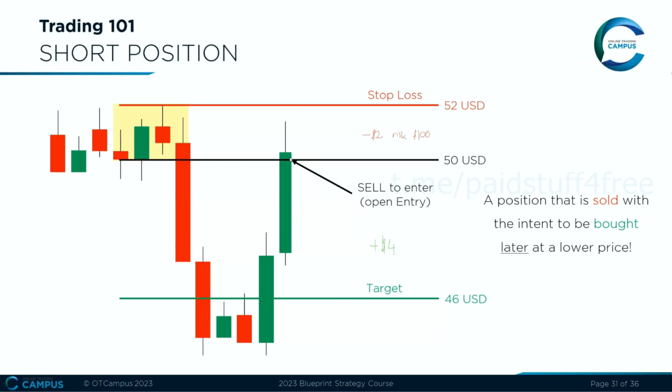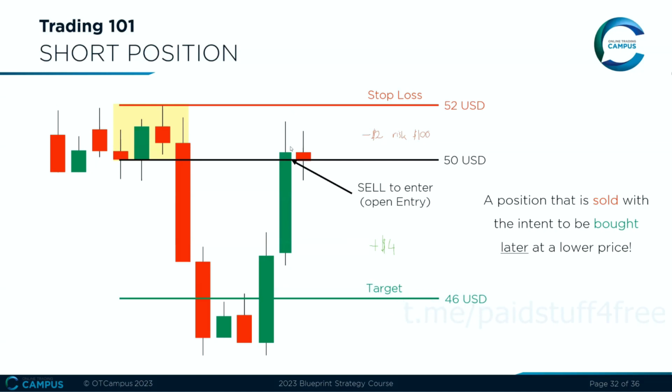So we continue with that. Price creeps up, and now all of a sudden you're filled. And notice this long wick here, right? So you're not yet stopped out. You would only be stopped out if price was to cross the stop loss. If it does not cross the stop loss, you are not stopped out.